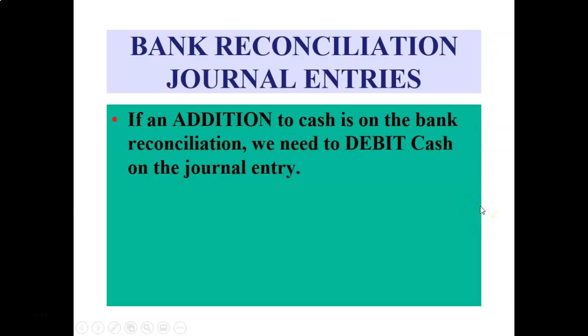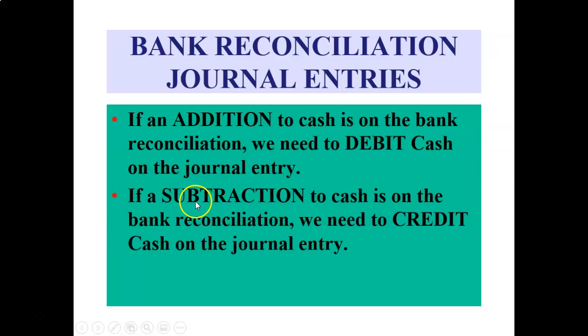Now, when we're doing these journal entries, if we have anything on the book side that is an addition to cash, that means I'm increasing cash, which is an asset, which means I need to debit cash. So every addition that's on the bank rec, automatically we're going to debit cash. And all we have to do is figure out the credit side.